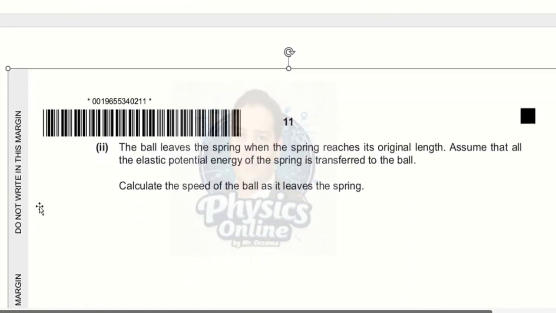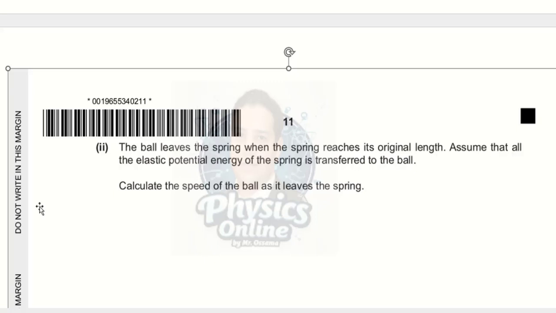The ball leaves the spring when the spring reaches its original length. Assume that all elastic potential energy of the spring is transferred to the ball. Calculate the speed of the ball as it leaves the spring.